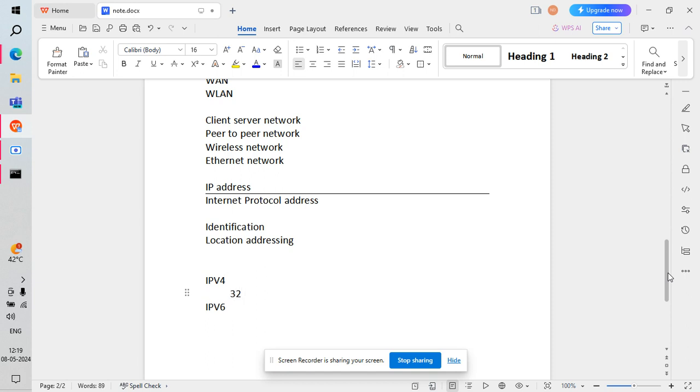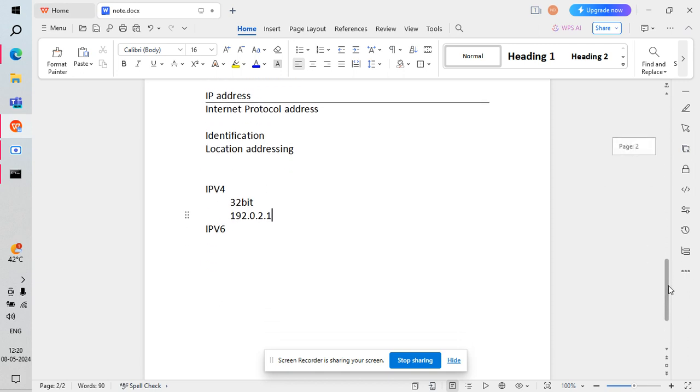IPv4 is a 32-bit numerical address written in decimal format, separated by periods, for example, 192.0.2.1. However, due to the limited number of available IPv4 addresses, IPv6 has been introduced to alleviate this shortage.